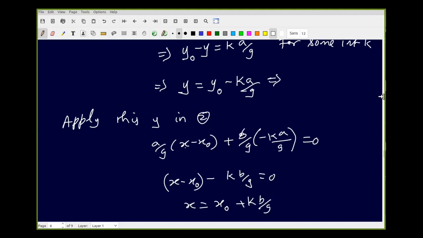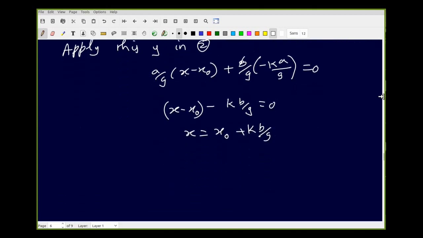So if we have one solution (x₀, y₀), then other solutions are written in the form (x₀ + k b/g, y₀ − k a/g), where k is any integer.